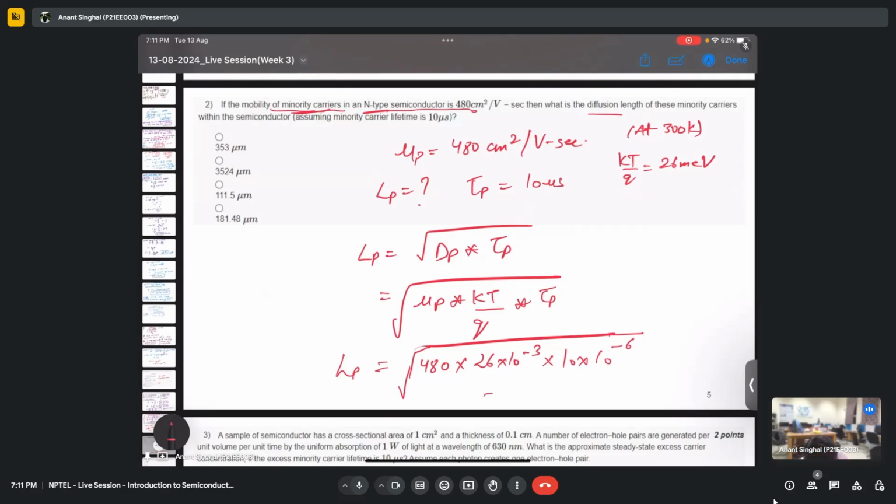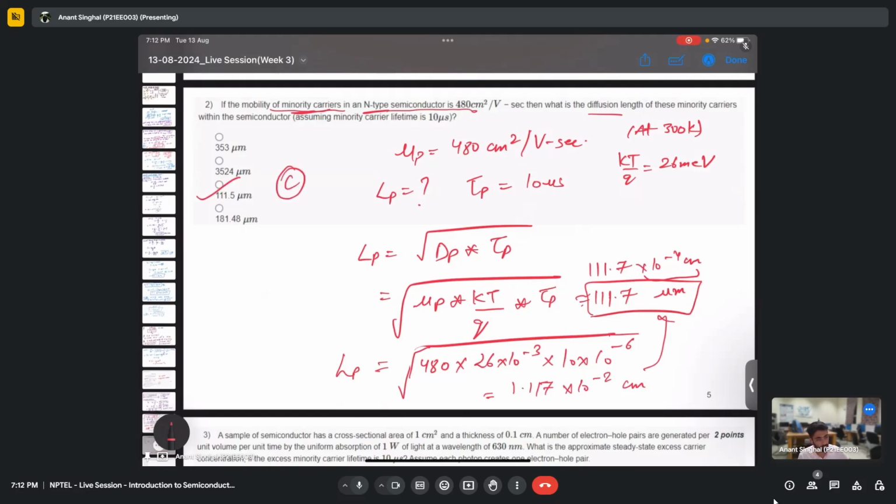So what I'm getting is 1.117 into 10 raised to power minus 2 centimeter. If I write here, this will be 111.7 into 10 raised to power minus 4 centimeter, and this is nothing but micrometer. So the answer will be 111.7 micrometer. That is option C, the closest option. Are you also getting the same?